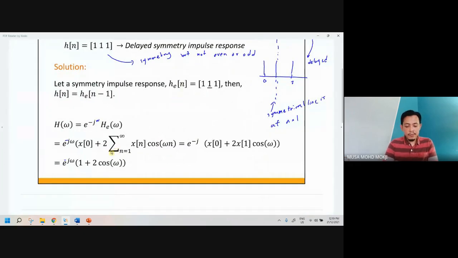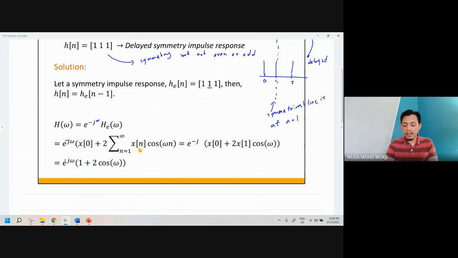So then we have x0. What is x0? x0 is 1. So this is where we have 1 here. And then you need to add 2 multiplied by the sum where n starts from 1 up to infinity. But at the positive side we have only 1, so this is when n equals 1.